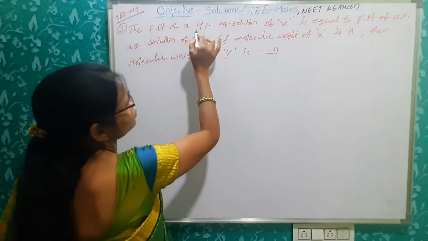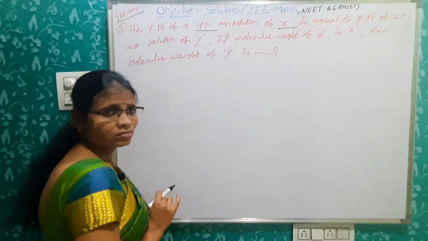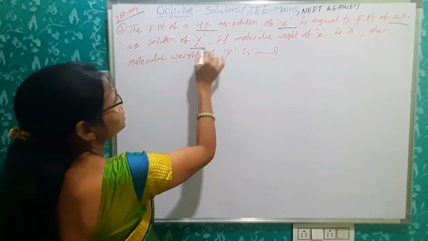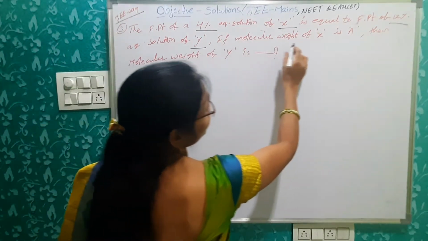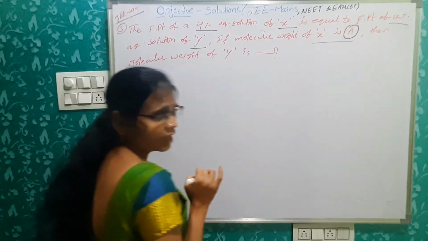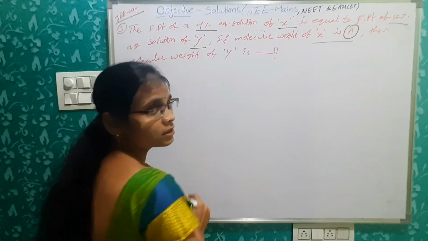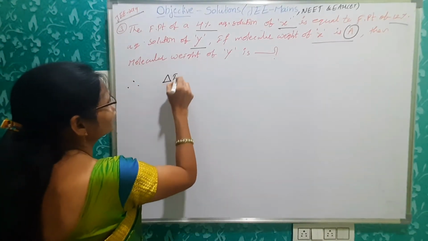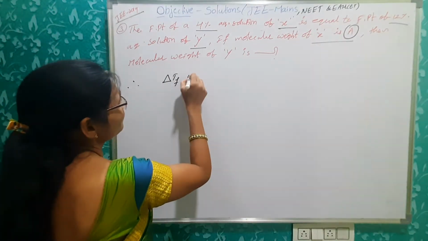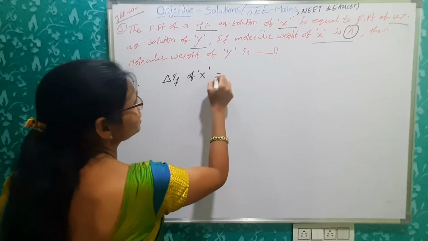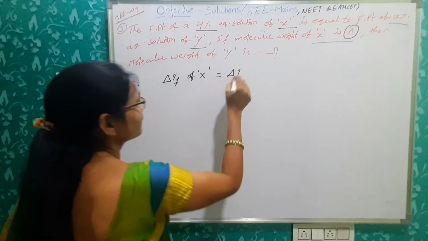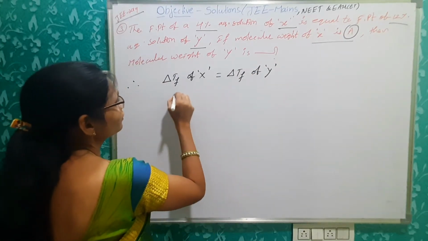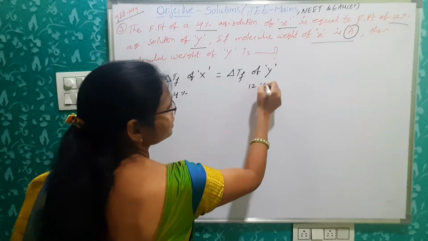The freezing point of a 4% aqueous solution of X is equal to the freezing point of a 12% aqueous solution of Y. If the molecular weight of X is A, then the molecular weight of Y is. Okay, simply, what is said? Freezing point of X is equal to freezing point of Y. X with 4%, Y with 12%.